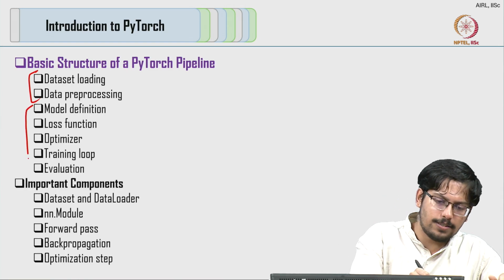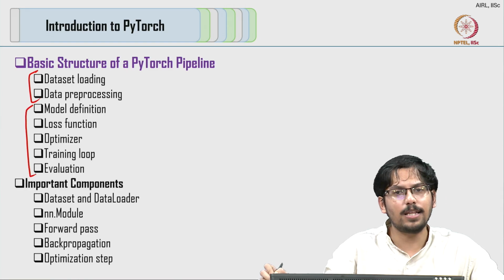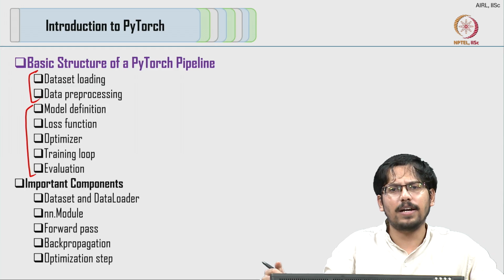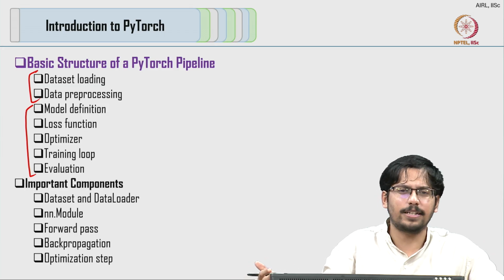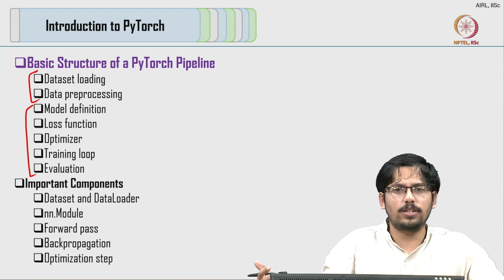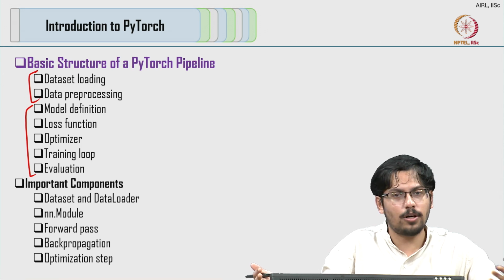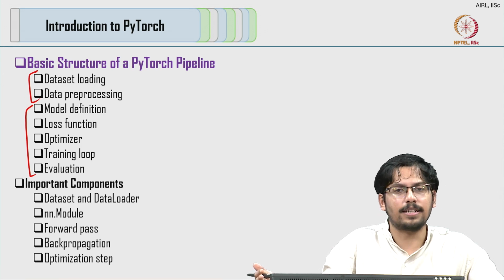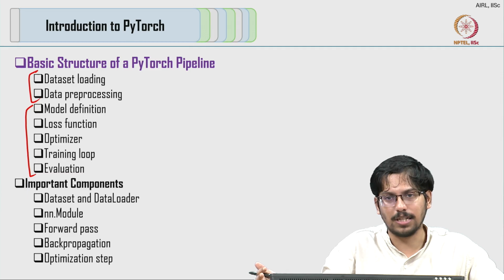Then it focuses on the next part, which is defining the model, right, and we will define either a very small model, say 2 convolution layers and 2 fully connected layers and so on, or else we would define sophisticated models or maybe borrow architectures like ResNet and VGG and build upon those architectures, right.